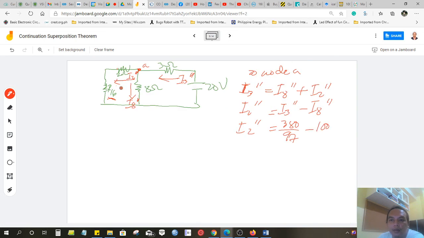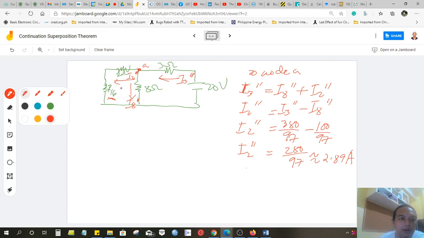So I2 is 380 minus 100, which is 280 over 97, or approximately 280 divided by 97, which is 2.89 amperes.